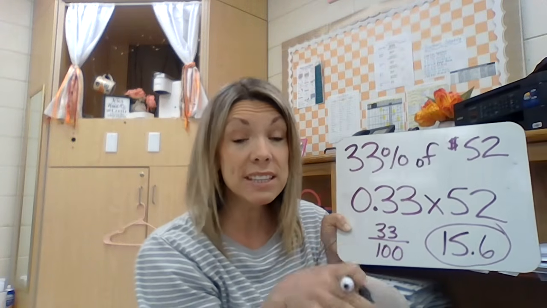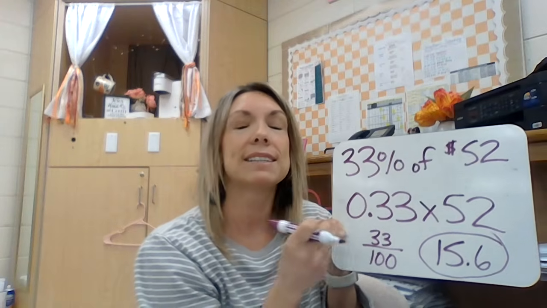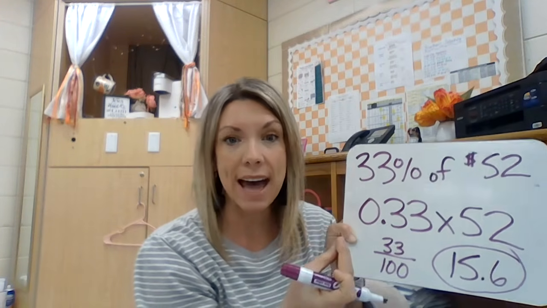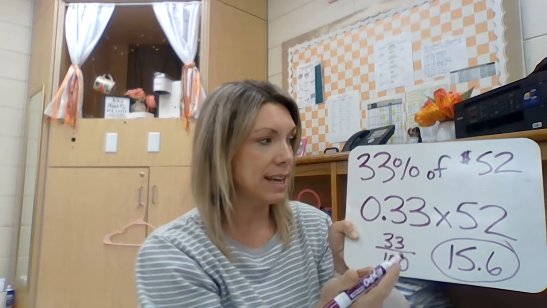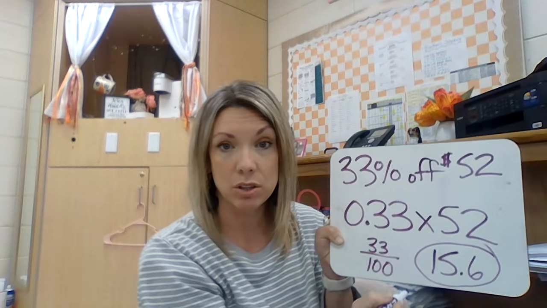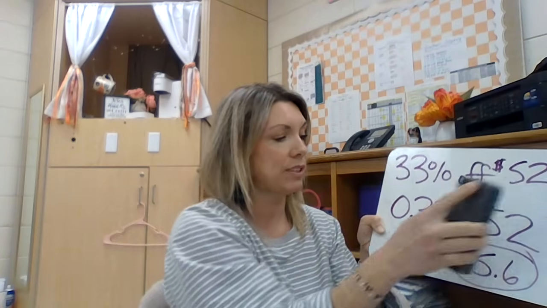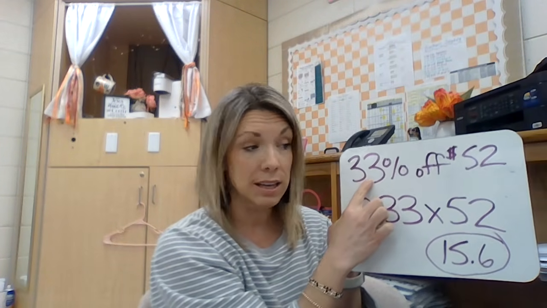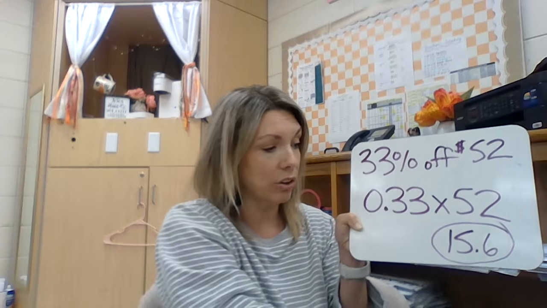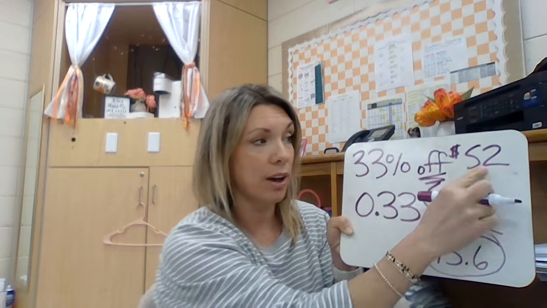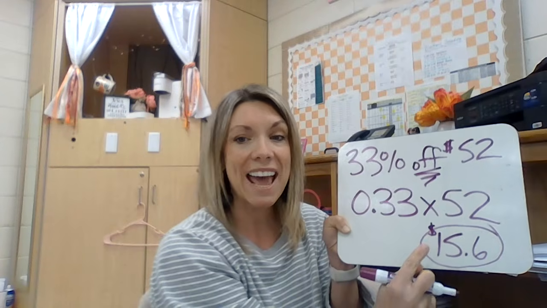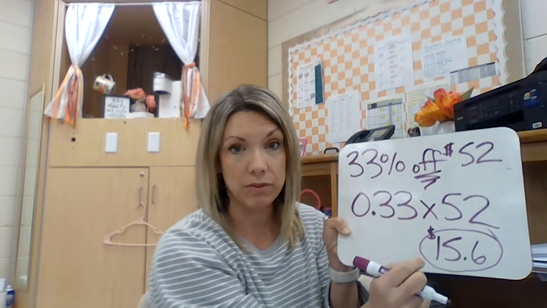So this year we're learning like sale prices or how to add taxes to something or add a service charge. Well, if it said that it was 33% off of $52, you still have to find what 33% is, and we did. That's $15.60. But if it says 33% off of $52, you take that amount away from $52.